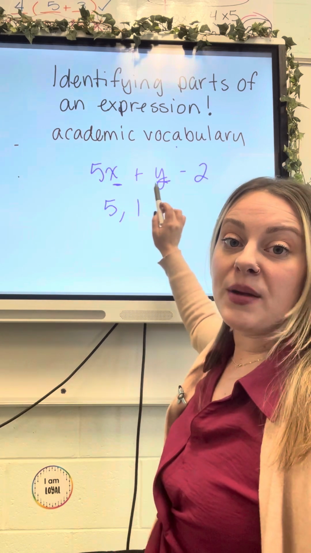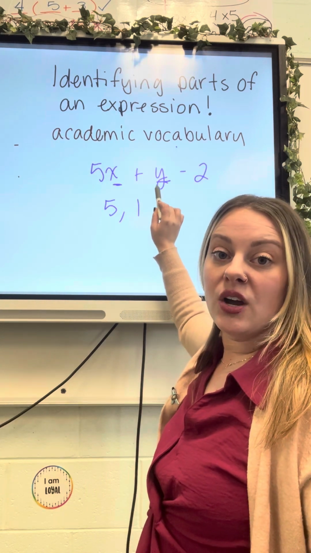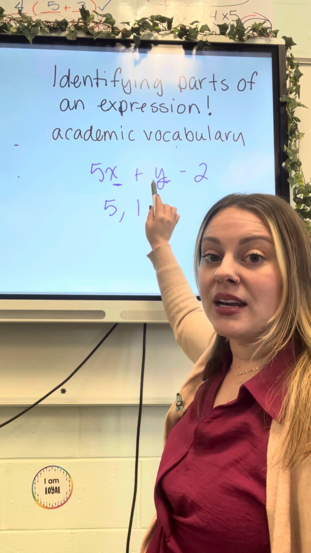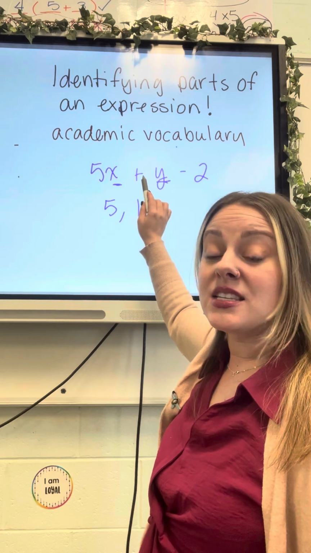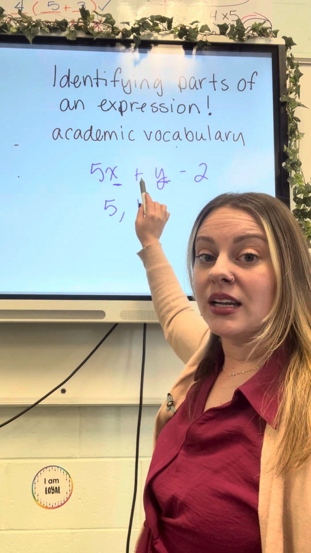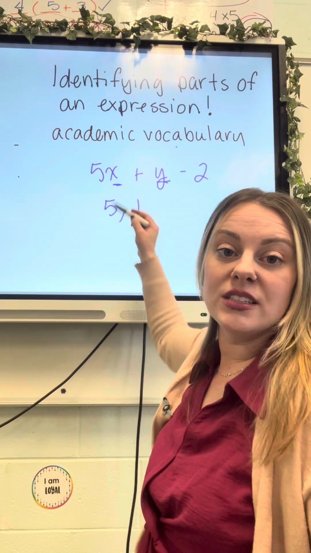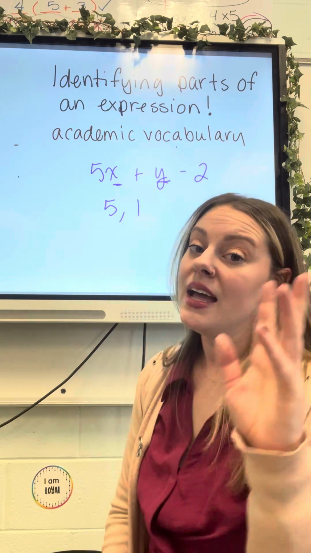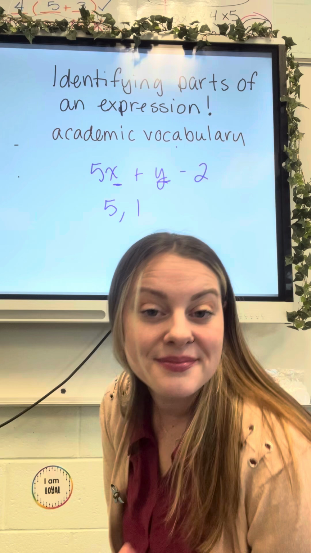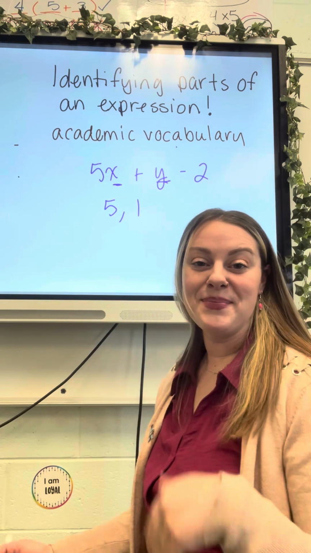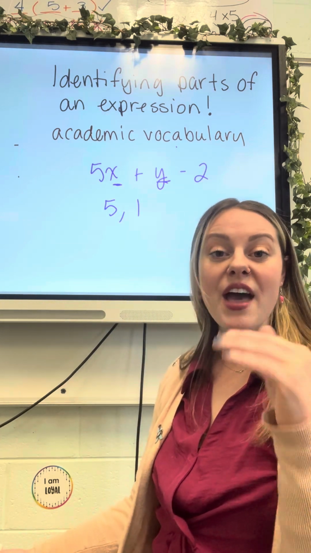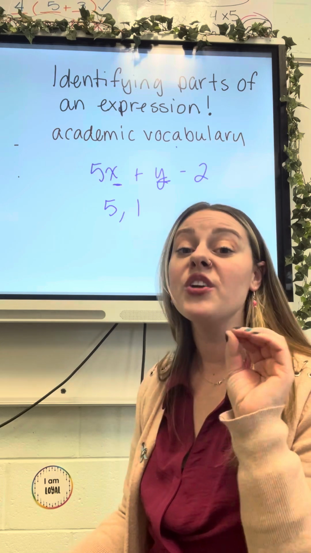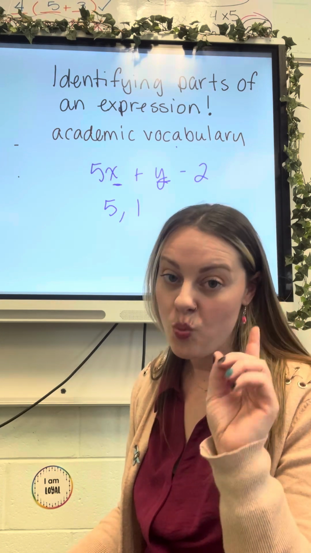If I plug in 3 for y and I wanted it to stay 3, I would have to multiply by a 1. So in algebra, I'm sure there's a much better explanation, but in front of every variable, there is a coefficient. And if there isn't one, it's just a 1. Okay?